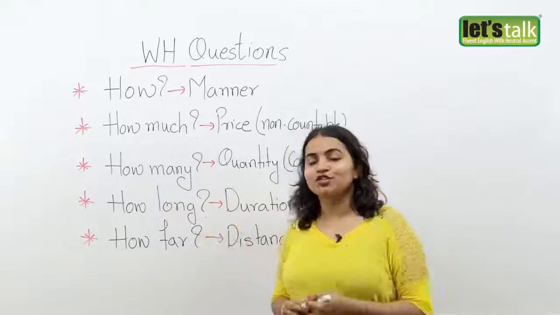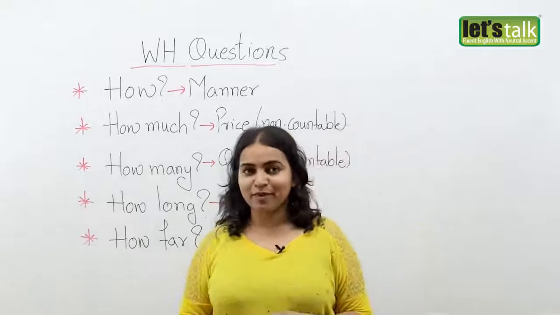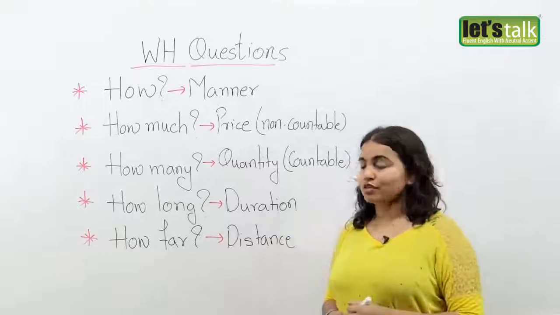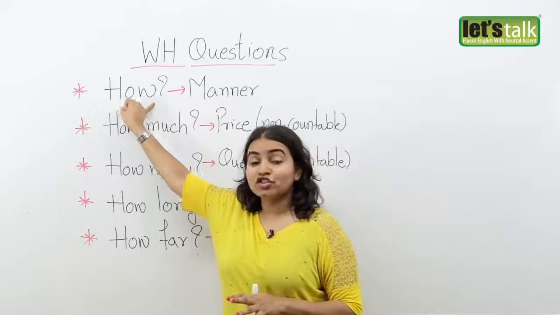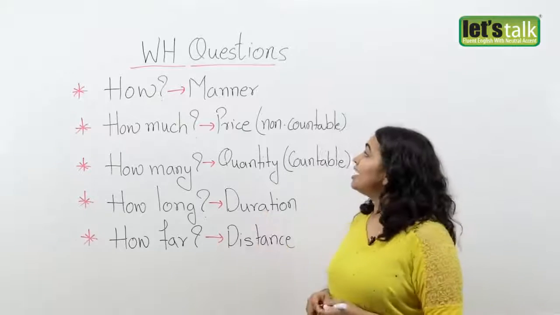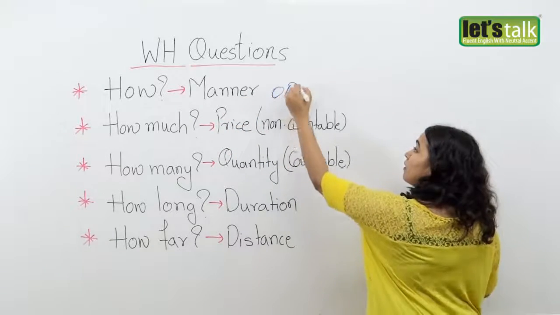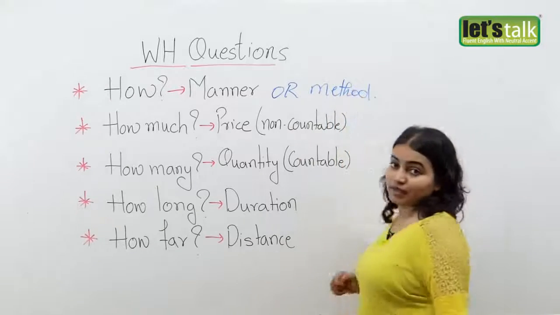Well, now that we've looked at several WH questions, let's look at another question called how, which is also used to derive information or to seek specific information. It is used in many ways. The first way that you would use the word how is to know the manner or the method of doing something.